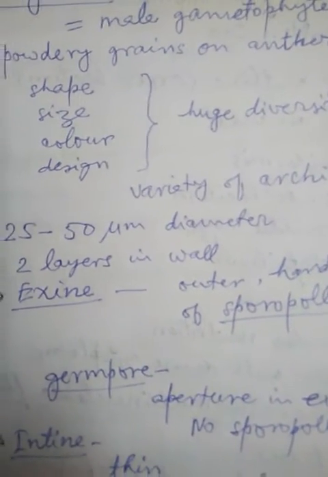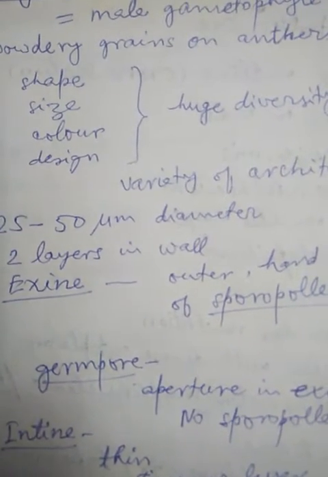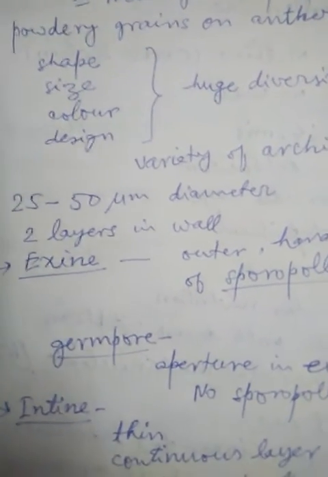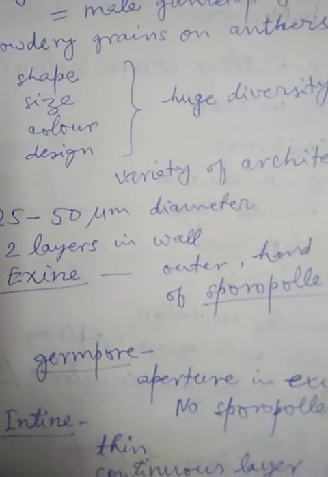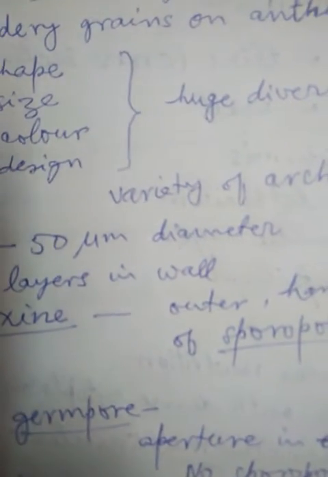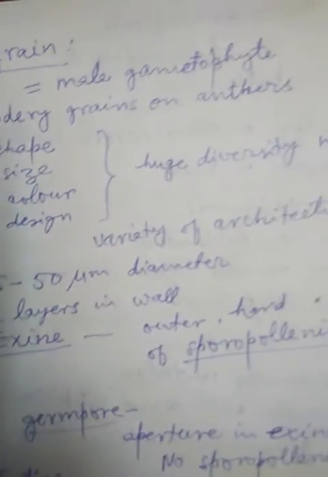This is really a very beautiful structure, and various species of plants, these angiospermic groups, have various shapes and sizes, and there is huge diversity and marvelous architecture, as you can also appreciate from the figure.